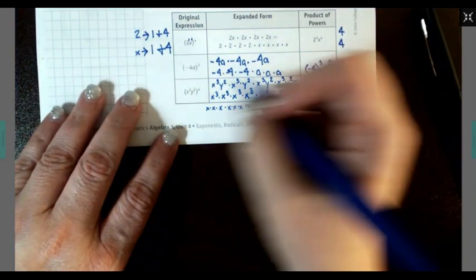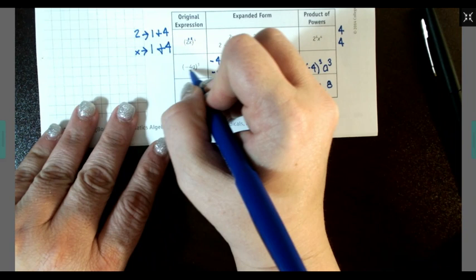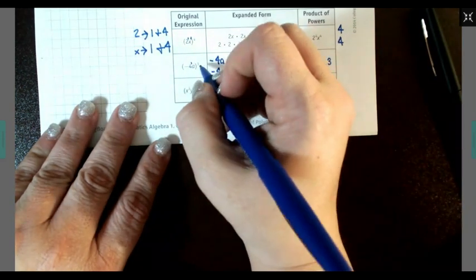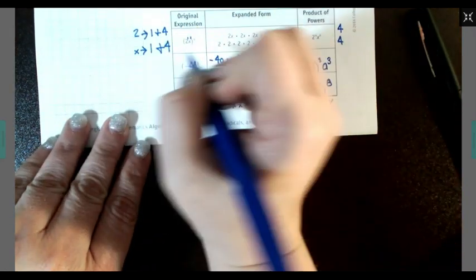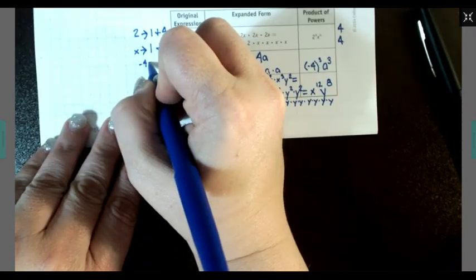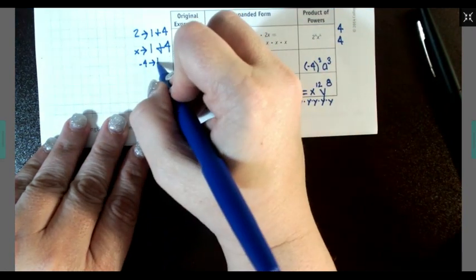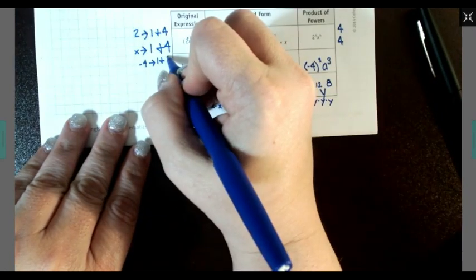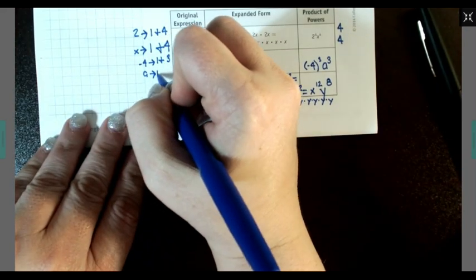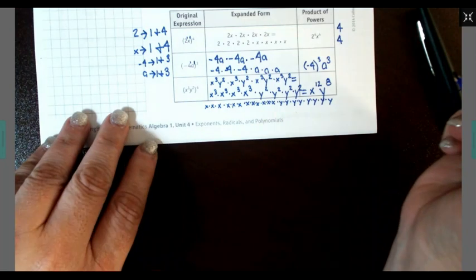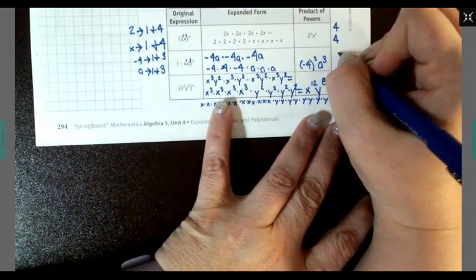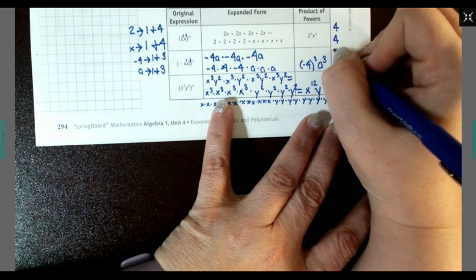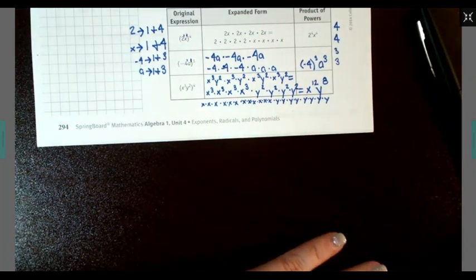Right? Here, let's take a look at this. My 4 had an exponent of 1, right? My a had an exponent of 1. So the negative 4 has an exponent of 1, and on the outside, there's a 3. The a has an exponent of 1, and on the outside of the parentheses is a 3. Notice how both the 4 and the a now have an exponent of 3.